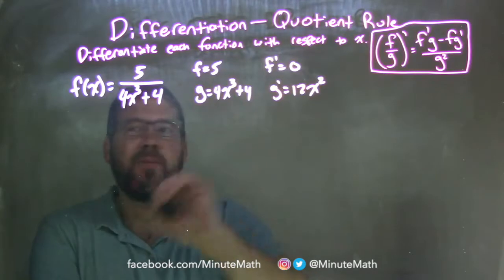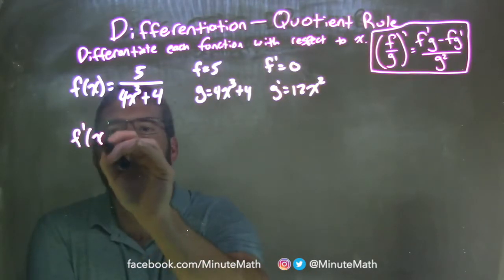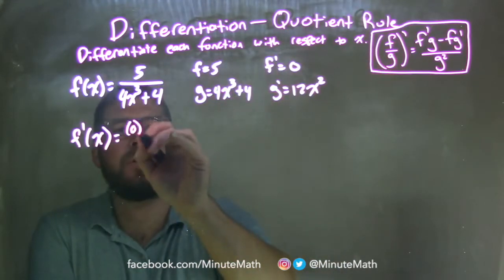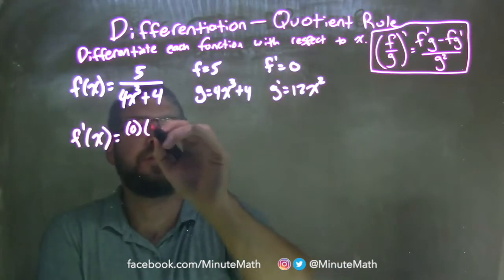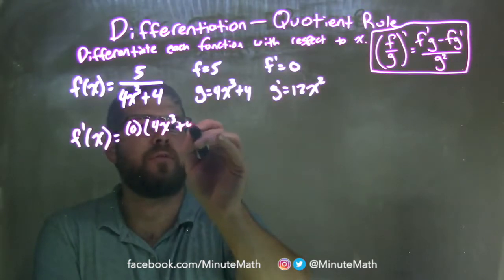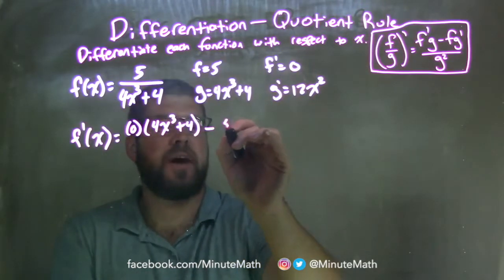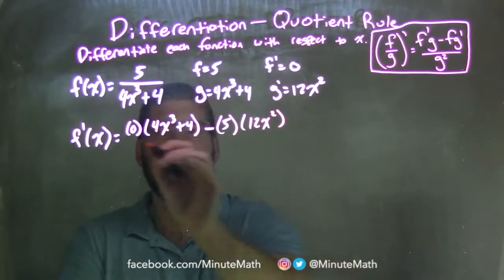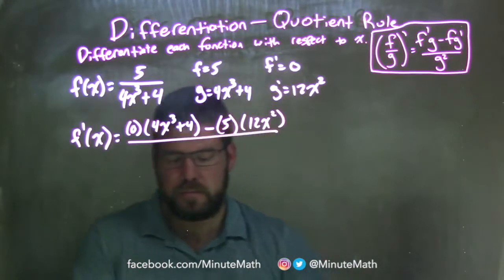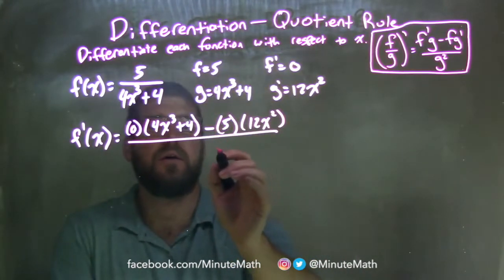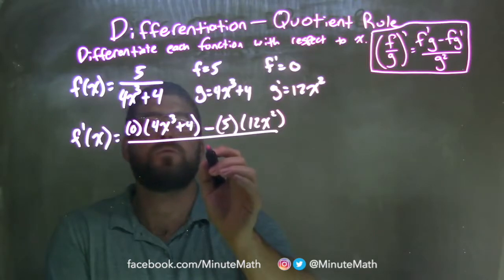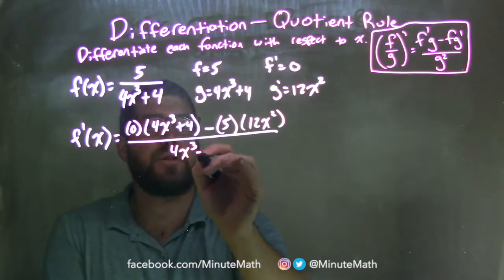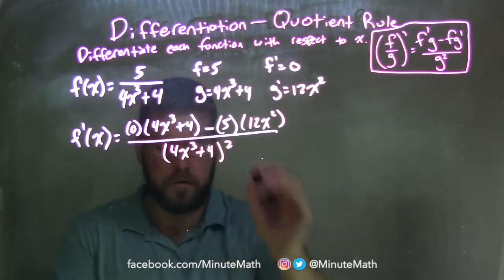So, plug in basically my parts. f prime of x is equal to f prime, which is 0, times g, which is 4x to the 3rd plus 4, minus f, which is 5, times g prime, which is 12x squared, all over g squared, sorry, 4x to the 3rd plus 4 all squared.